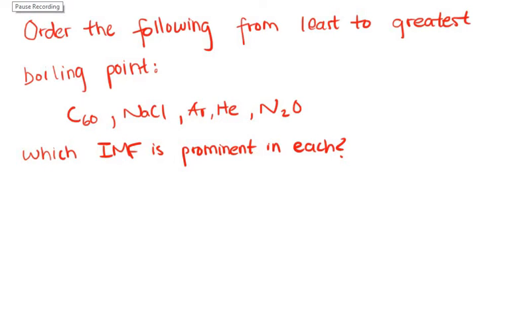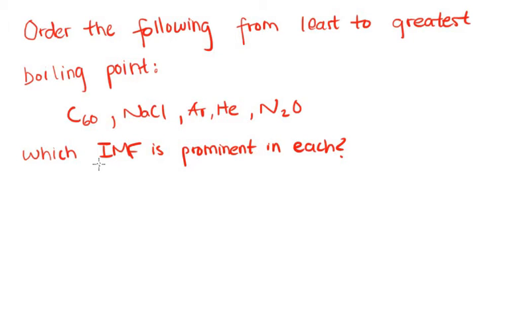So let's look at this problem. They're asking to arrange these 5 molecules from least to greatest boiling point. So we know from our previous relationship, the greater the intermolecular force, the greater the boiling point. So let's put these 5 molecules from least to greatest intermolecular forces.